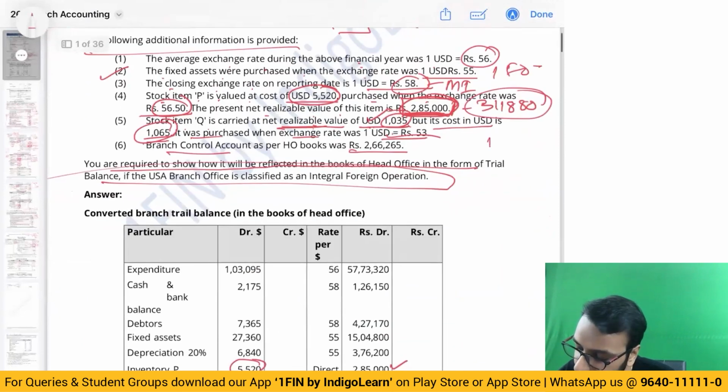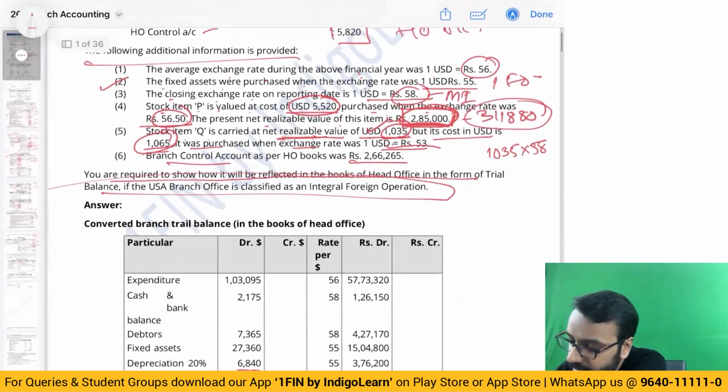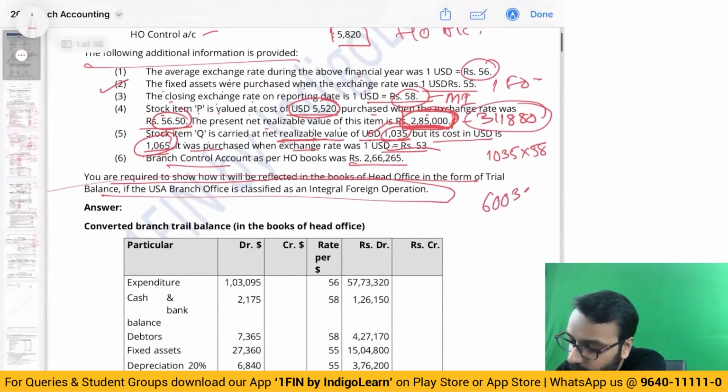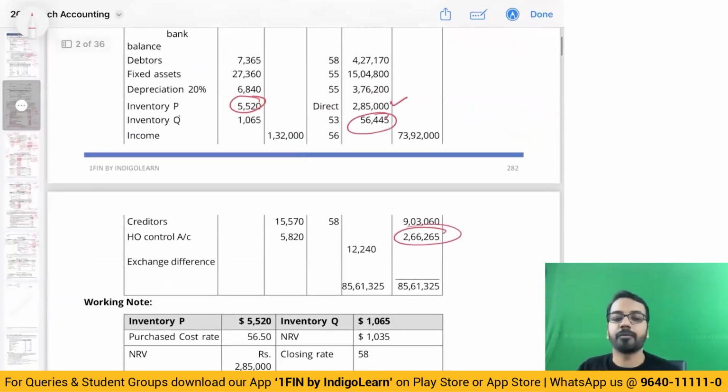So 1035 is the NRV into 58. 1035 into 58, we get 60030, and cost 1065 into 53, we get 56445. So cost is lower, so we'll value it at cost.